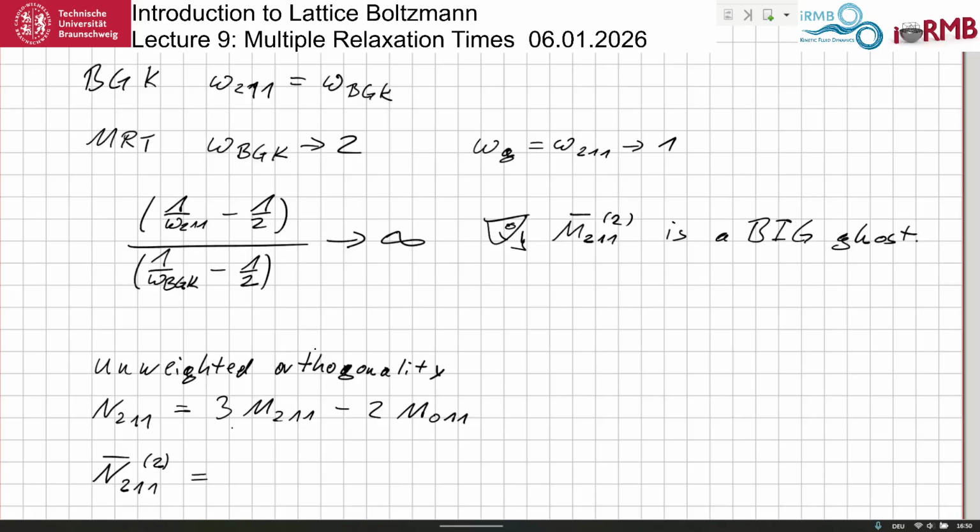Now we just replace these. Yeah, we sum these together. So there will be 3 times M211 equilibrium to second order minus M011 equilibrium to second order minus, so this guy would relax with omega g, and I will take rho 0 out.